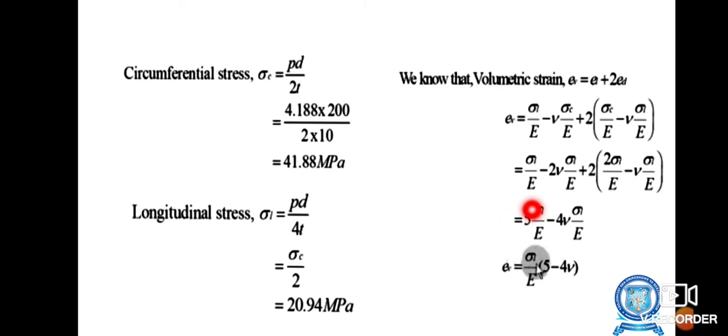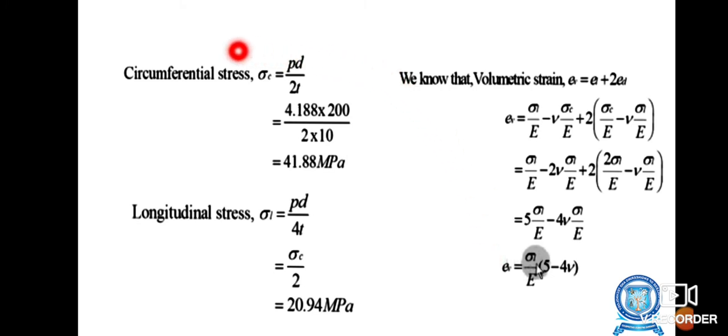Finally, 5 sigma L divided by E minus 4 mu sigma L divided by E. Finally we got the formula: volumetric strain equal to sigma L divided by E into (5 minus 4 mu). That is the explanation of another formula for volumetric strain.